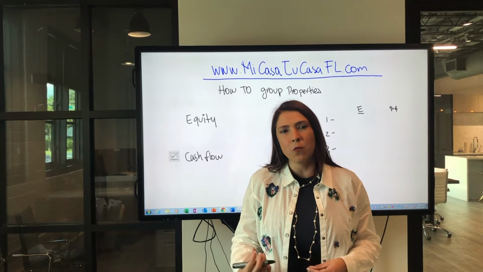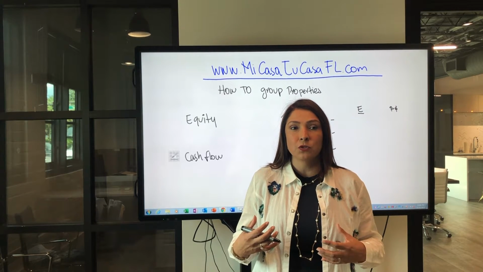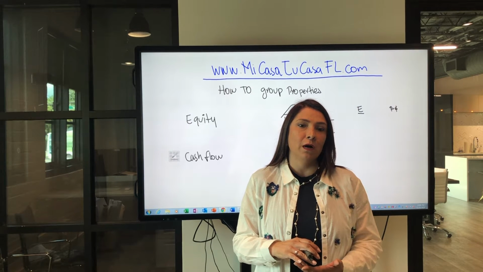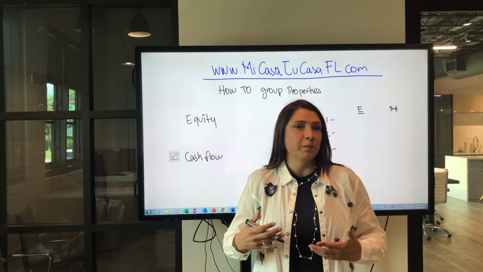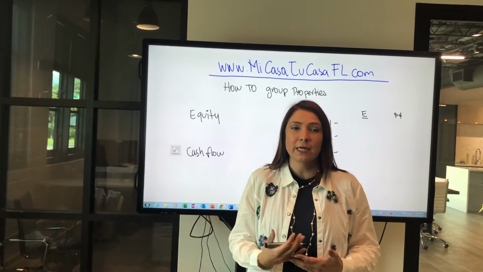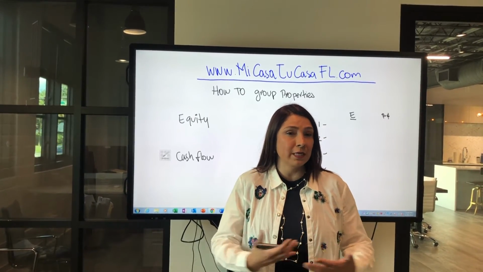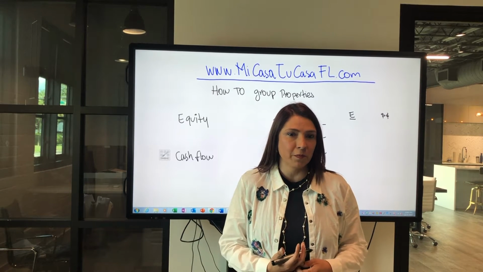What is the proper way to group them to minimize risk and to present them better in case you get audited by the IRS? What would be the best way to set up your whole portfolio when we're talking about investment properties?